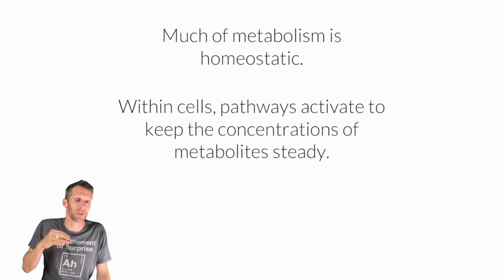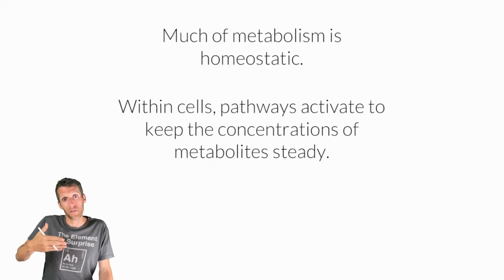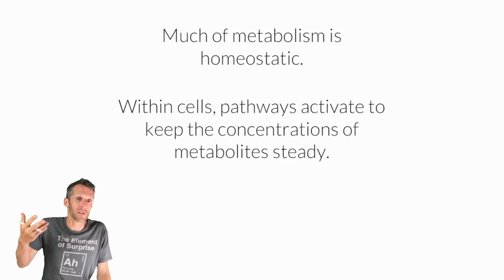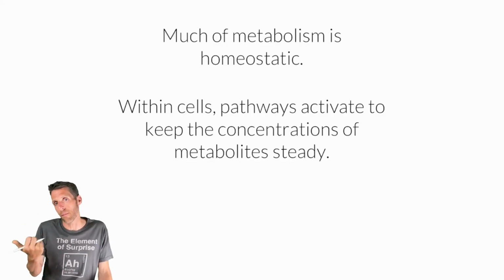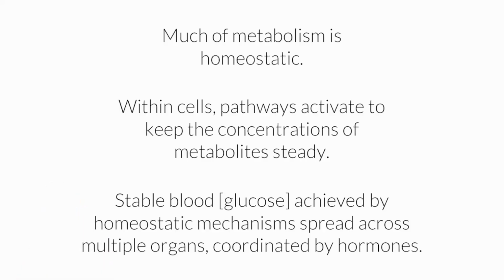ATP is one of the sort of mega things that's trying to keep steady, but it's mediated along the way. As pyruvate concentrations come up, start breaking down pyruvate. As AMP concentrations start going up, start figuring out ways to turn AMP back into ATP. And then at the level of blood glucose, this is achieved by homeostatic mechanisms that are spread across multiple organs, coordinated by hormones. But again, you have this blood glucose gets out of whack, turn on systems that bring it back to its starting level.